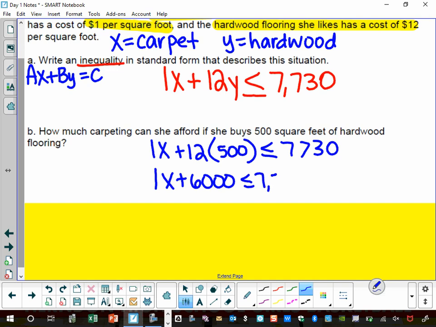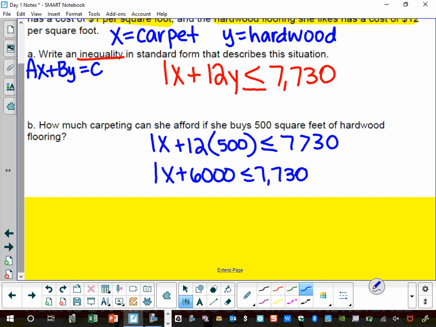And this is exactly what we did last unit that we quizzed on. All right, how do I solve for x here? Yeah, let's subtract 6,000 from each side. Make sure you guys are copying the work exactly as I have it.